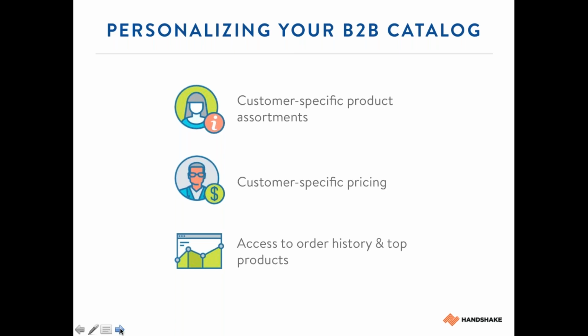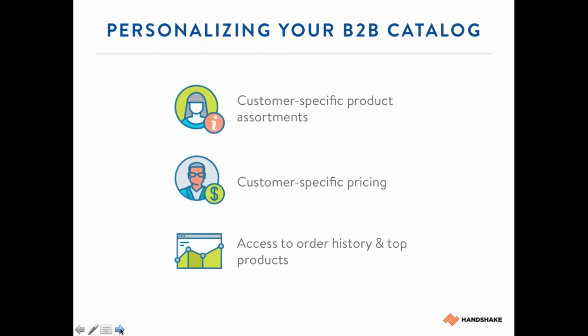And then finally, this is something that's actually a more sophisticated feature that you should try to look for when you're looking at building your digital catalog. It's about access to order history or products that your buyers most frequently order. So this is something that's very relevant for reps or customers placing orders from the digital catalog, so for anyone who has that order writing feature or capability on top of your catalog.